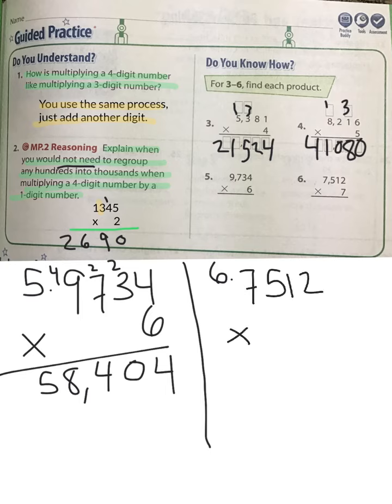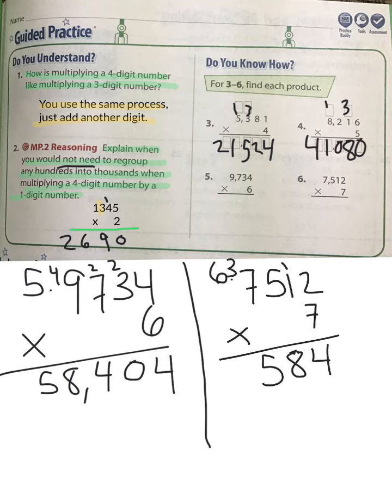And number 6, 7,512 times 7. 2 times 7 is 14. Write down your 4, regroup your 1. 7 times 1 is 7, plus 1 more is 8. No need to regroup. Then you're going to multiply 7 times 5, which is 35. Write down the 5, regroup the 3.